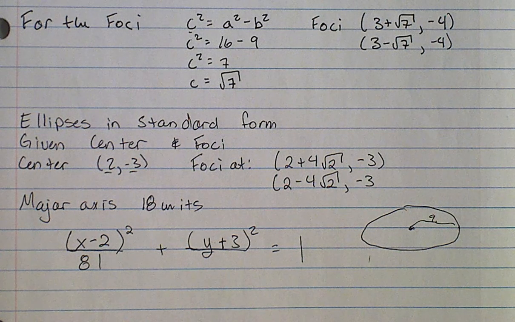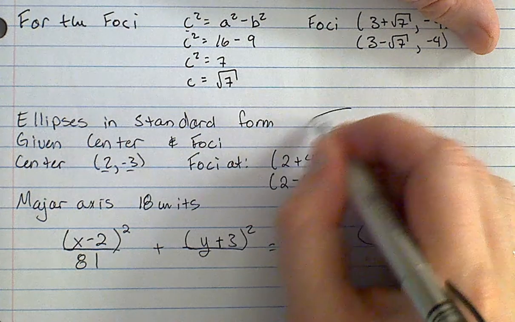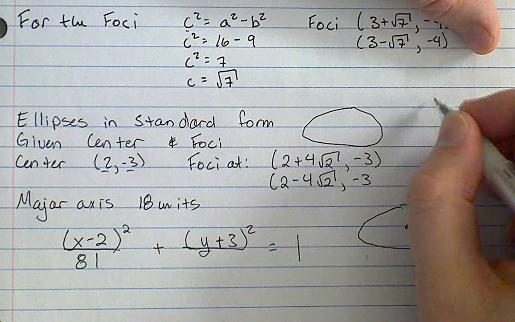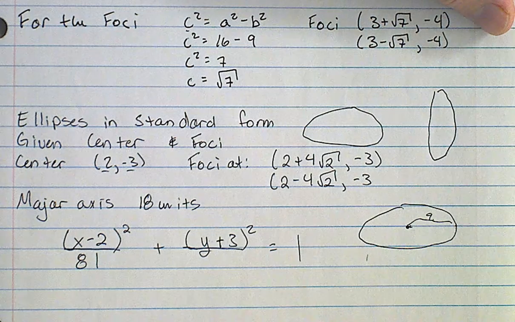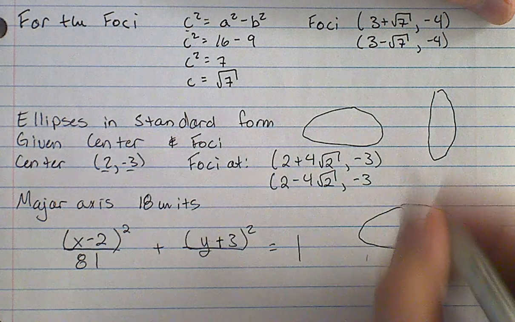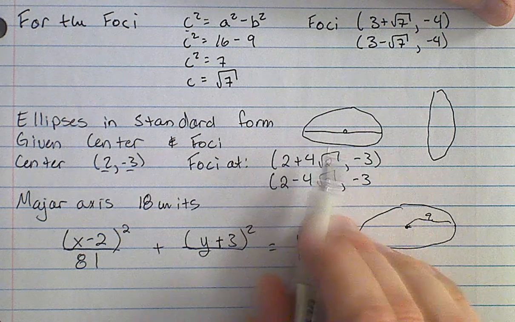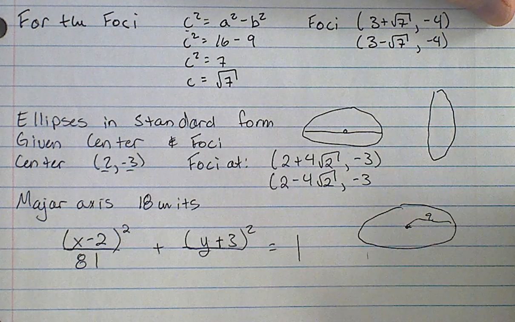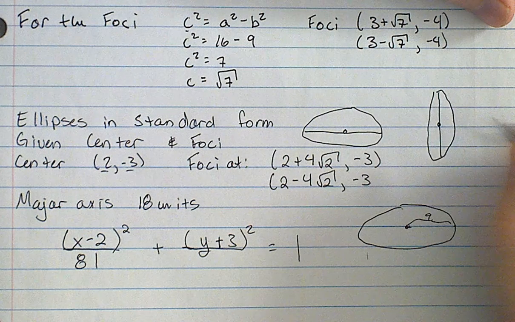So if you imagine drawing it out, the ellipse is either horizontal or it's vertical. Forgive my potato ellipses, but if it's horizontal, the center is right here, and the major axis is there. If it's vertical, the center is right here, and the major axis is that way.